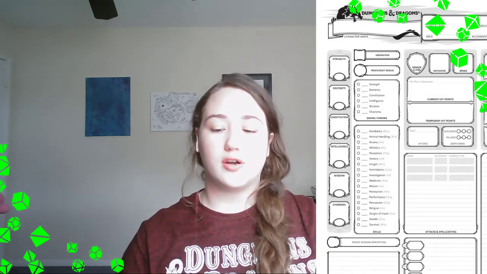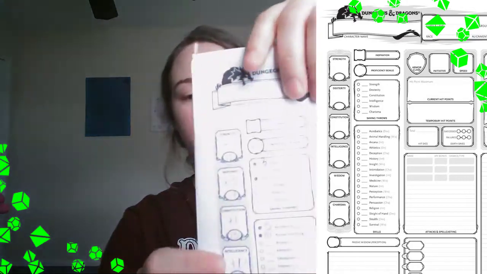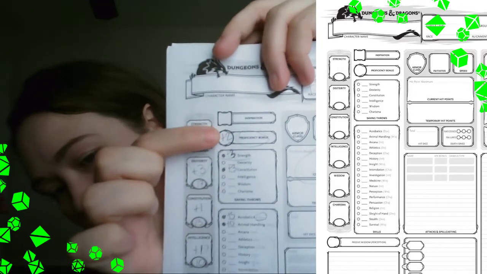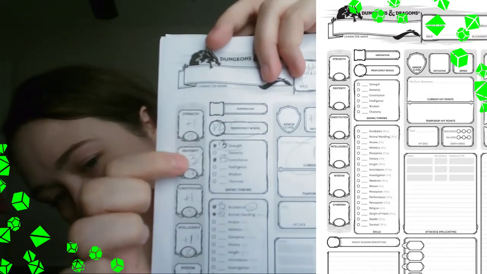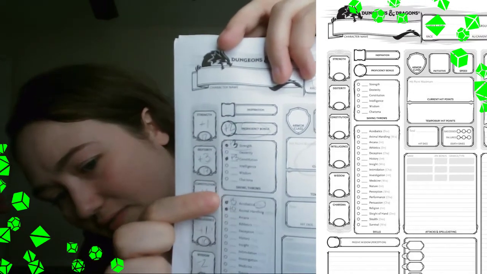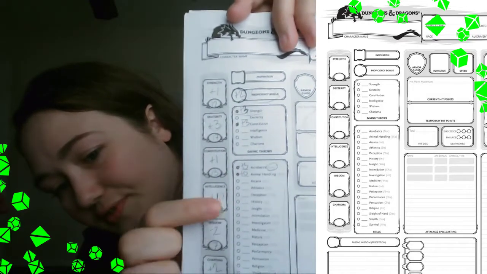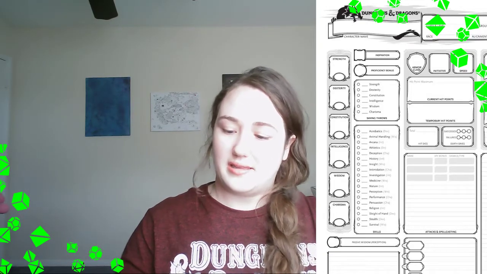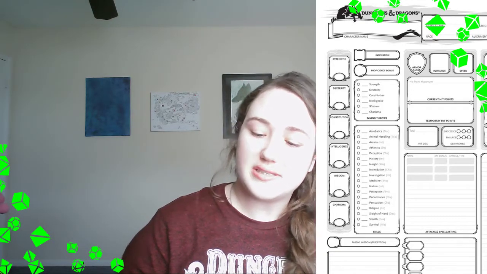So not only are you adding this proficiency bonus here, you're also going to add the ability modifier that you have here. And that's going to give you your total in whatever you're proficient in. Alright, I think that was it for proficiencies.